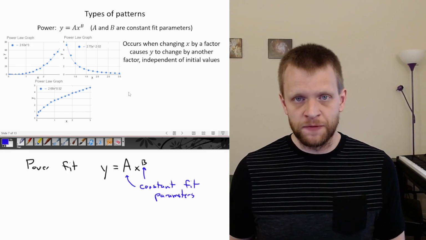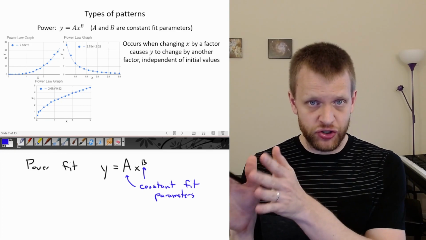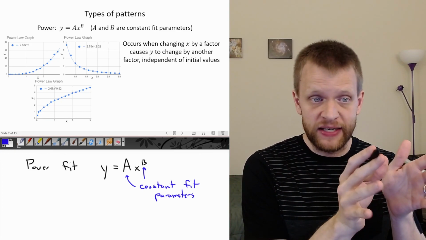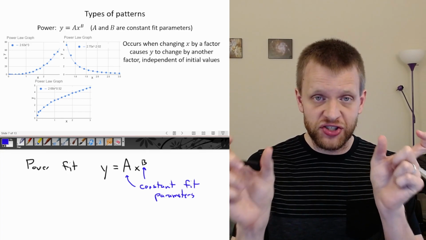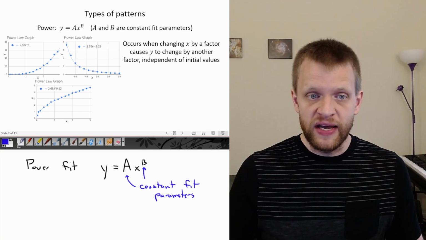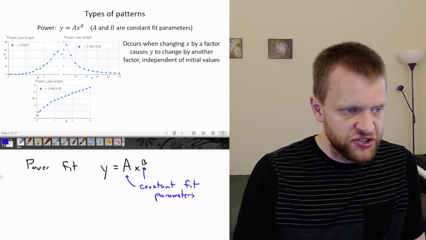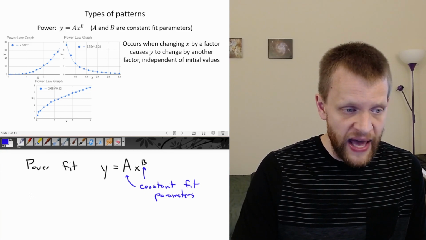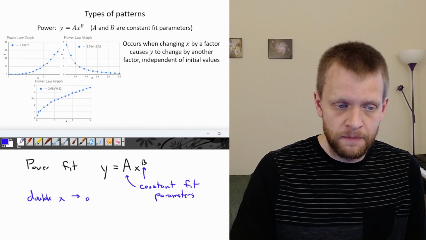This occurs whenever you have a system where changing x by a certain factor will cause y to change by some other factor, and those two factors will keep matching each other independent of the initial values. So for example, let's say I have a situation where if I double x, that means I would quadruple y.